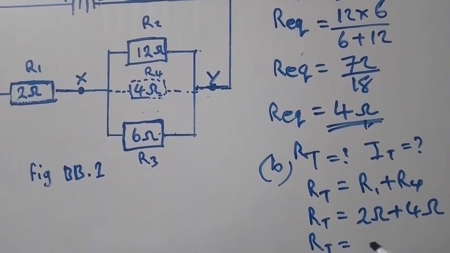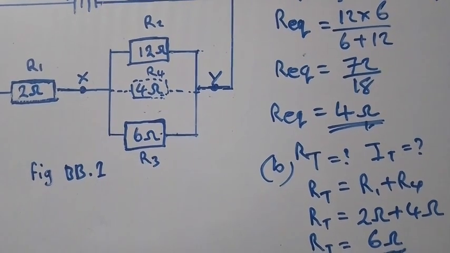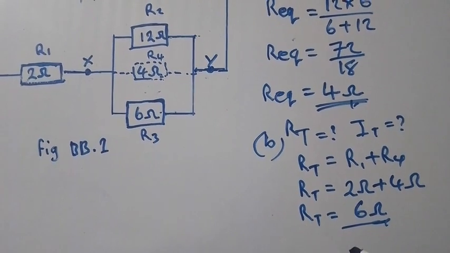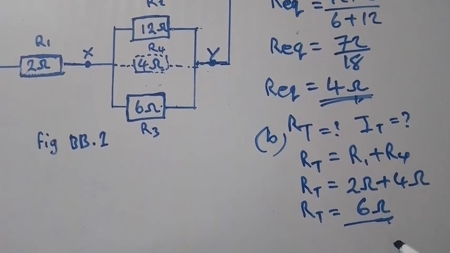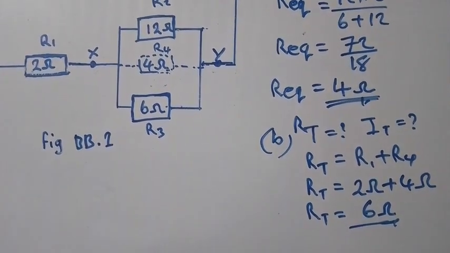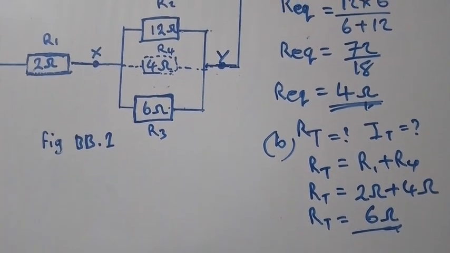So 2 plus 4, it's 6. So if we add all the resistors that are given in the circuit, we are having 6 ohm as our final.